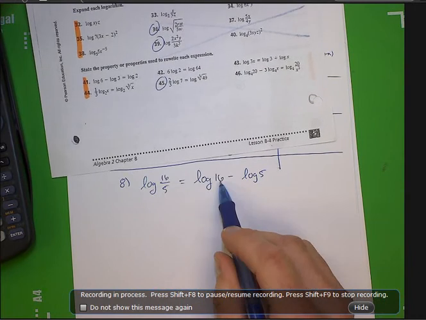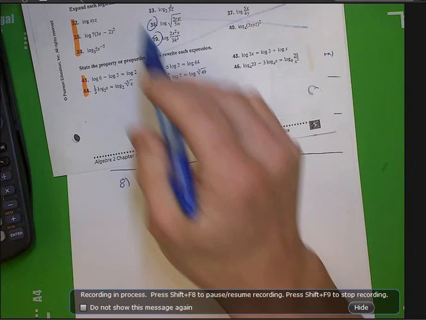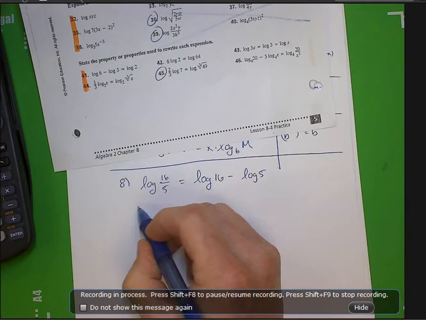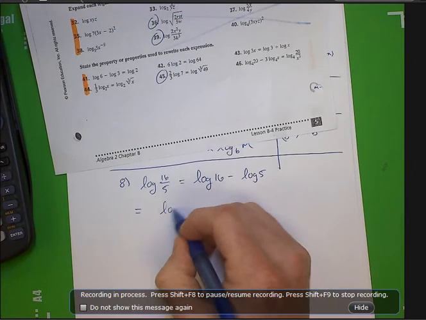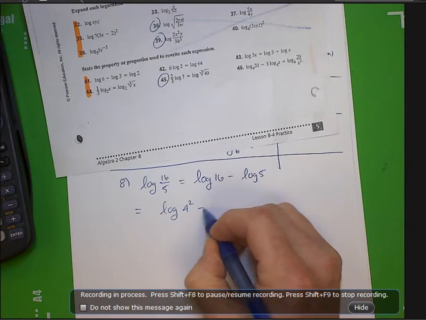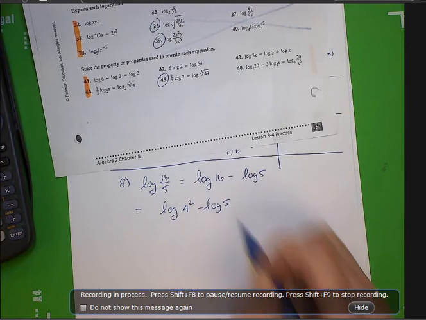Now, 16 isn't 3, 4, or 5, so I can rewrite this as the log of 4 squared minus the log of 5.